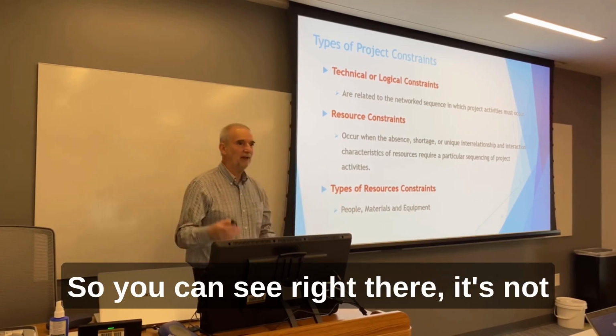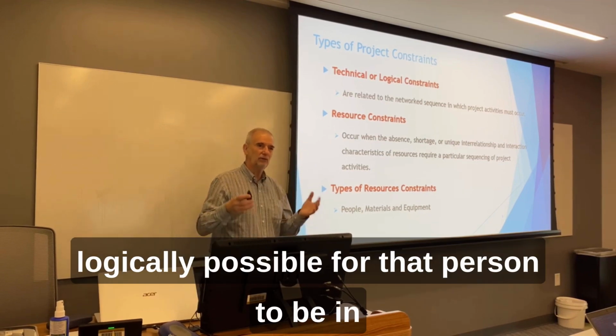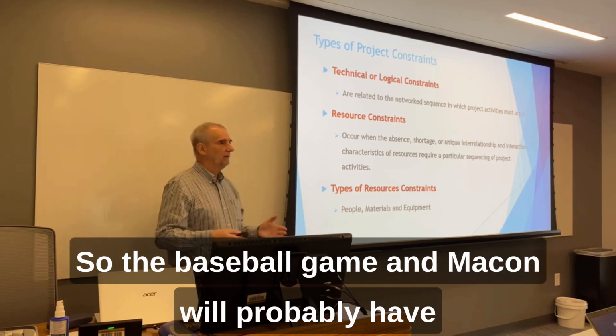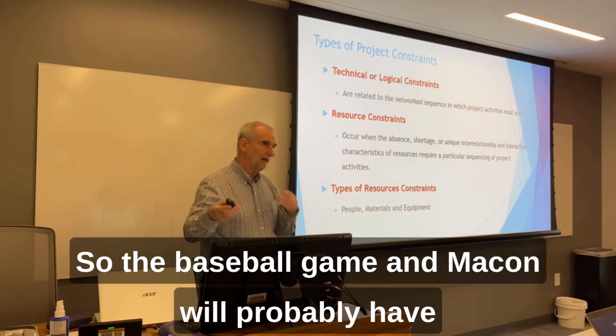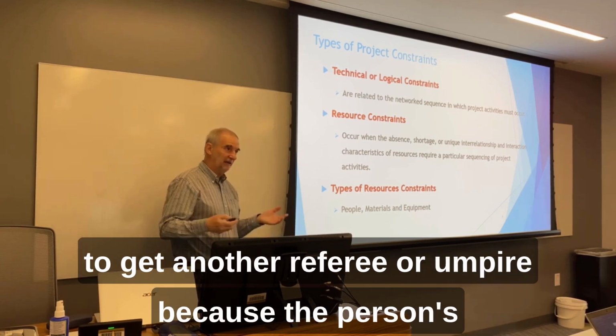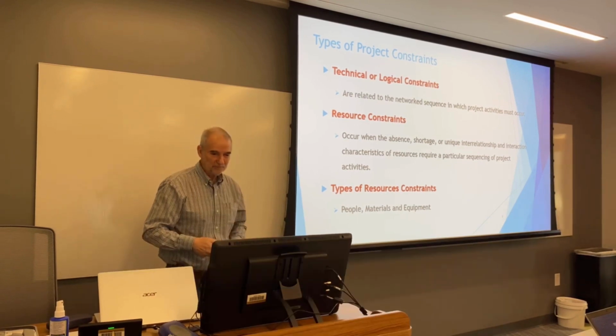So you can see right there, it's not logically possible for that person to be in 2 places at once. You understand? So the baseball game in Macon will probably have to get another referee or umpire because the person's with his 5-year-old daughter. You understand?